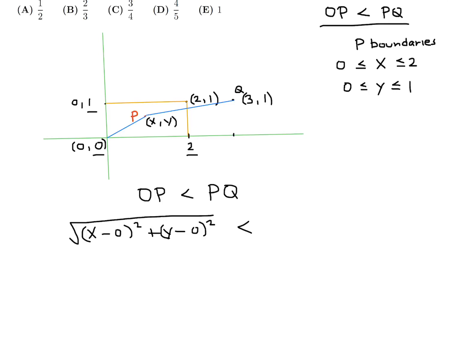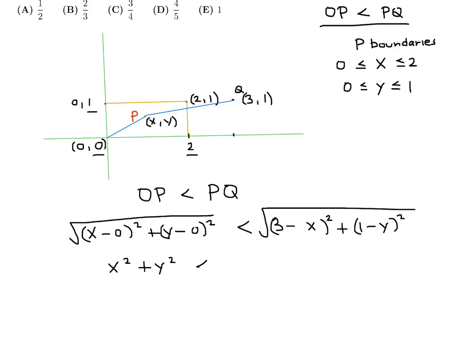Now the distance of PQ: 3 minus x squared plus 1 minus y squared, all under the square root sign. We can square both sides, get rid of the square root signs, and this just becomes x squared plus y squared is less than 3 minus x squared plus 1 minus y squared, like that.